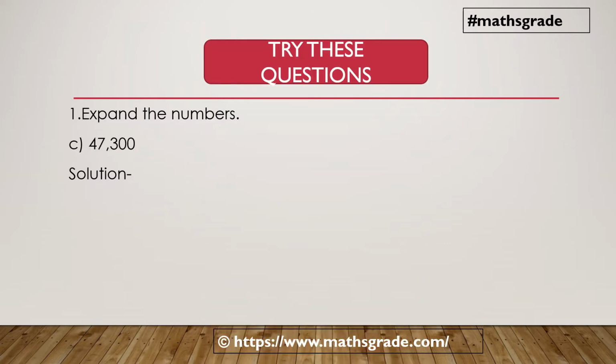Now third part C, 47,300. This is the number given and we have to expand this number. 47,300 is a 5-digit number and the digit 4 is in the 10,000 place, so we multiply 4 with 10,000.